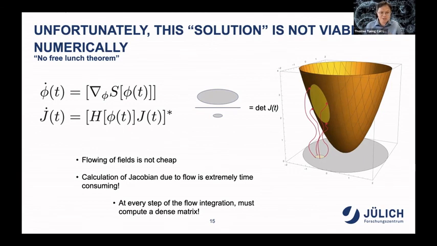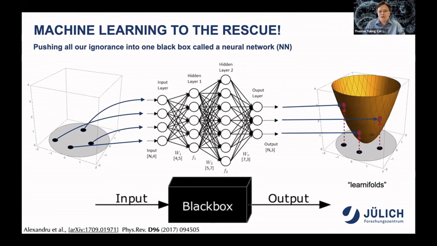And this is where machine learning came in and helped us, okay? And these ideas were inspired by Andre and others as well. So the idea then is that we would like to train our network in such a way that we feed in configurations on the real plane, and what it outputs are the values of the imaginary parts that bring us up to the Lefschetz thimble manifold.